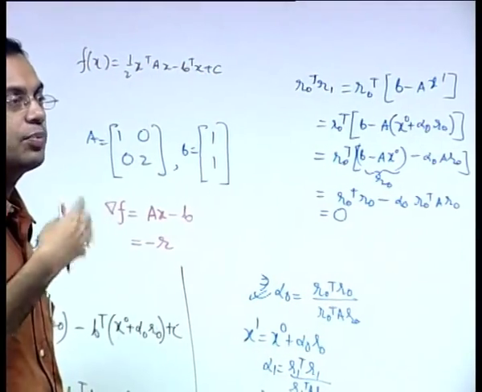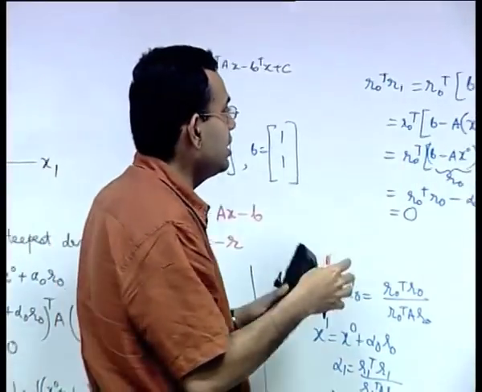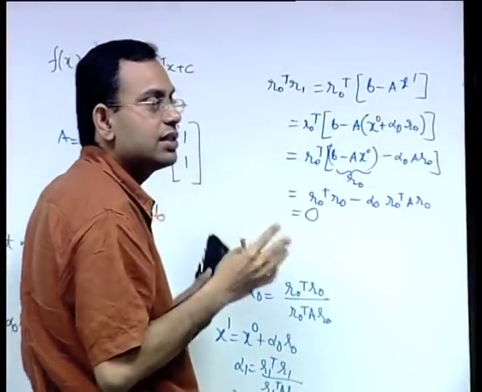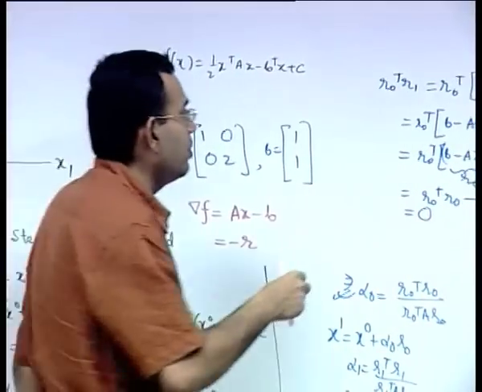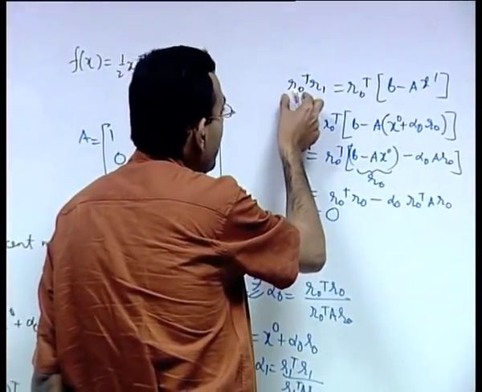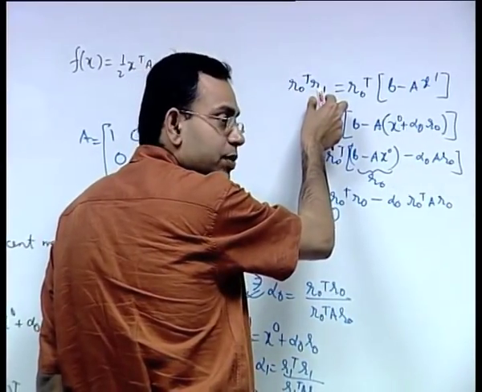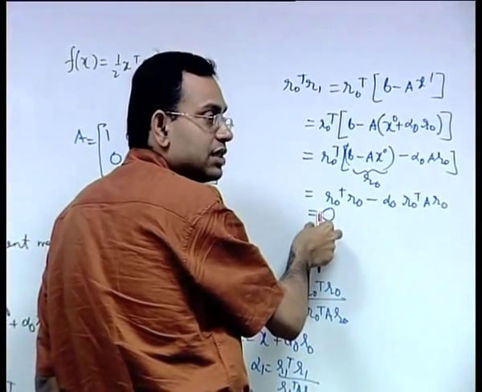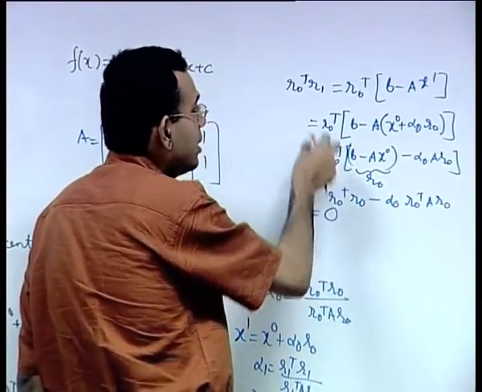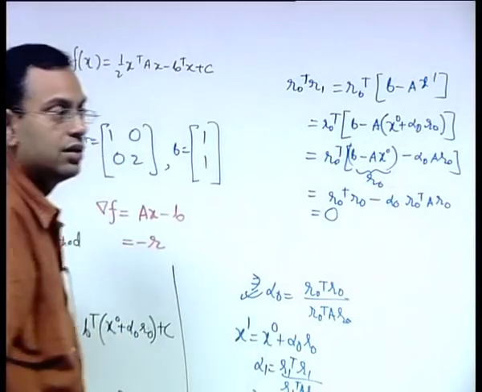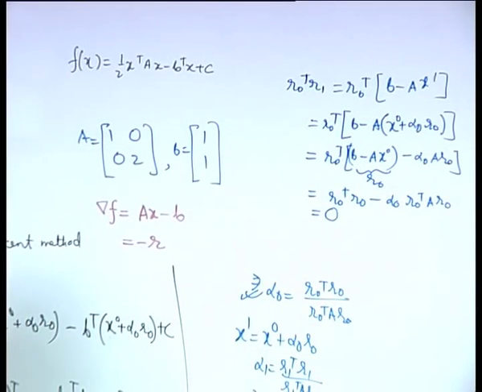It's a sort of an inner product, but if you consider it just from simple conceptual considerations, it is just like a dot product where you have the elements of r0 multiplied with the corresponding elements of r1 and the result is 0. So that means r0 and r1 are orthogonal to each other.